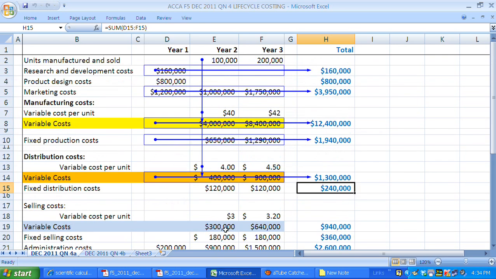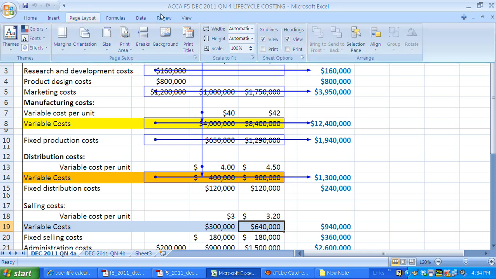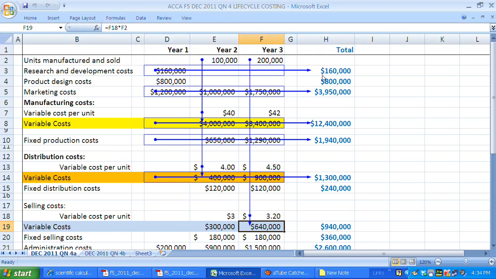Selling costs, the variable costs, still same thing. Variable costs, for instance, here too, I'm multiplying 200,000 by 3.2.